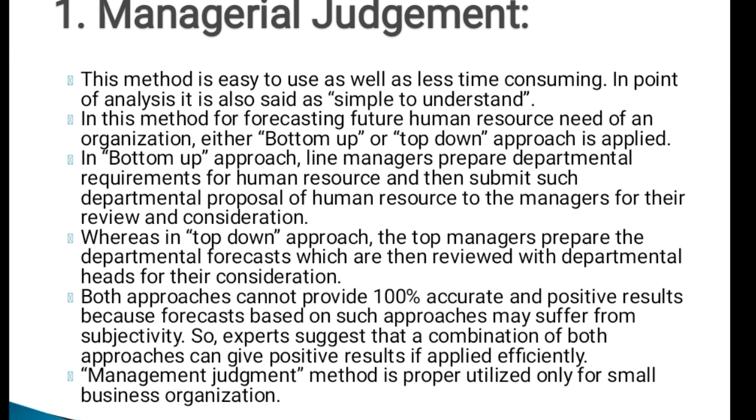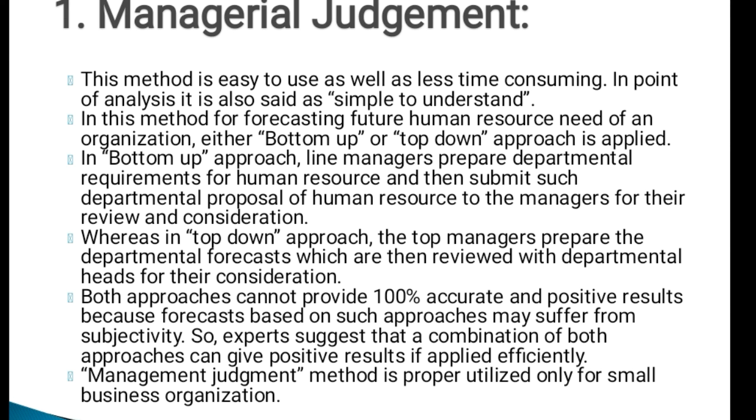Both approaches cannot provide 100% accurate and positive results because both are approaches of forecasting. And when there is forecasting or prediction, definitely the probability of success and failure will be equal. So, experts suggest that a combination of both approaches can give a positive result if applied efficiently and properly.